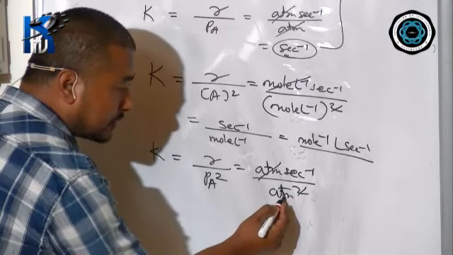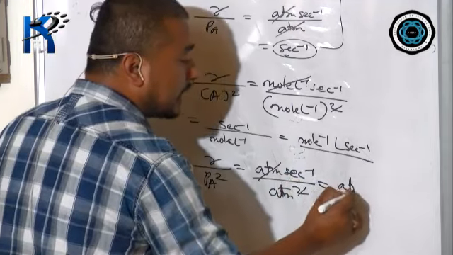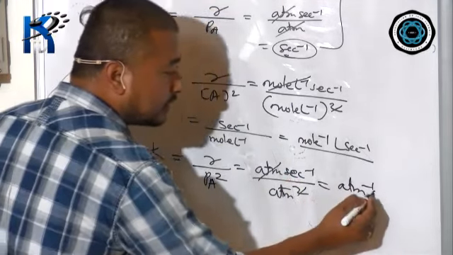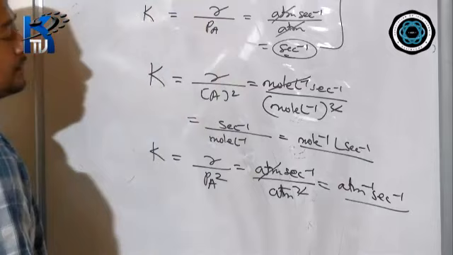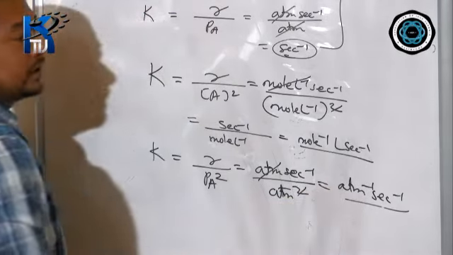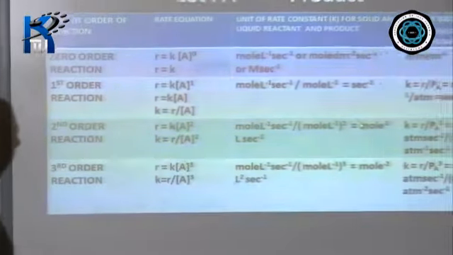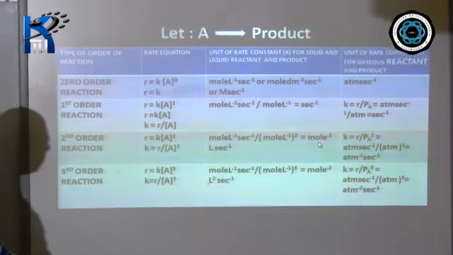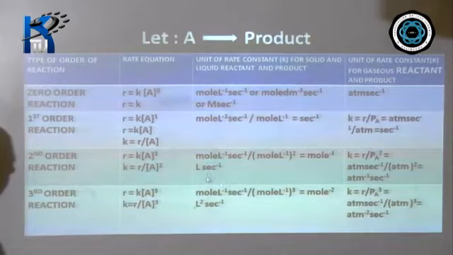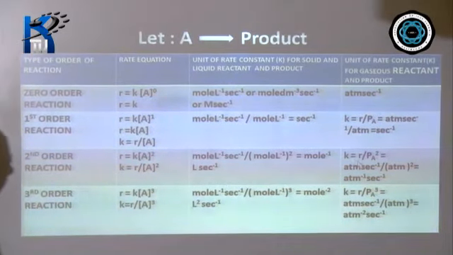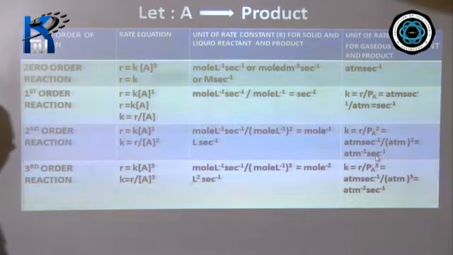One atmosphere which is left goes up, becomes atmosphere inverse, and second inverse is up only. So the unit becomes atmosphere inverse second inverse. So, students, for second order reaction, the unit of rate constant for solid and liquid will be mole inverse liter second inverse, and for gas it will be atmosphere inverse second inverse.